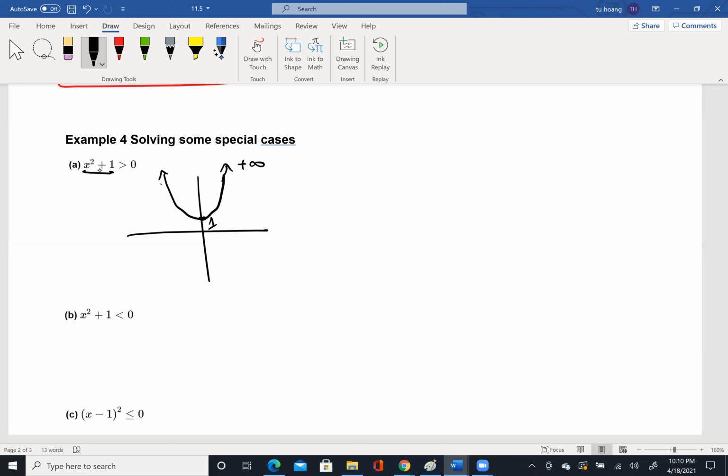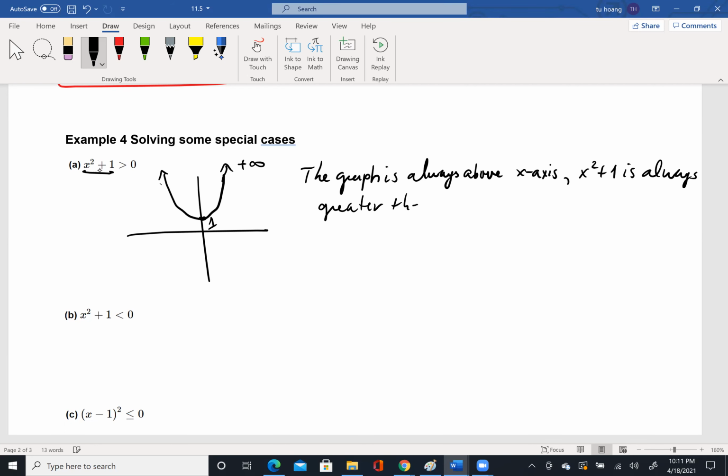So you will say the graph is always above the x-axis. So x squared plus 1 is always greater than 0.